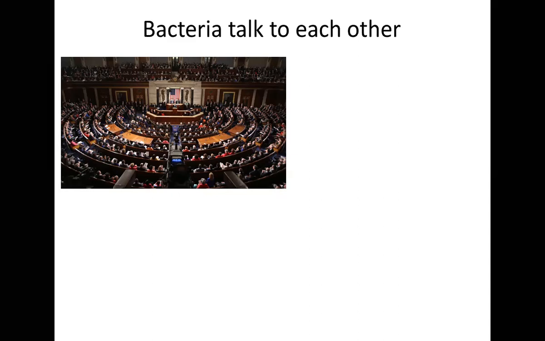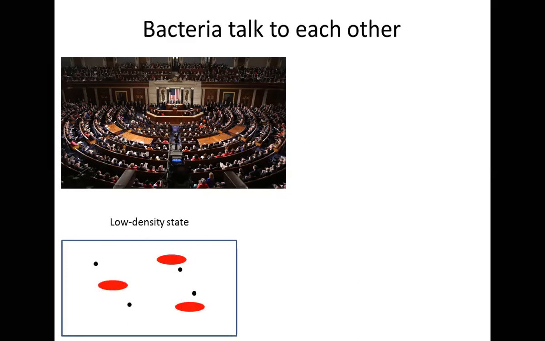In bacterial terms, if you have a sufficient number of bacteria present in a confined space, those bacteria will actually behave somewhat differently than when you have them in a relatively low population concentration. So in a low density state, these bacteria take on the phenotype, I'm just going to call this the red phenotype.